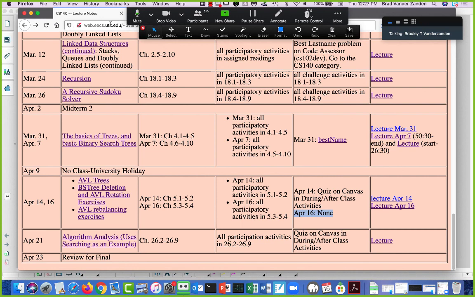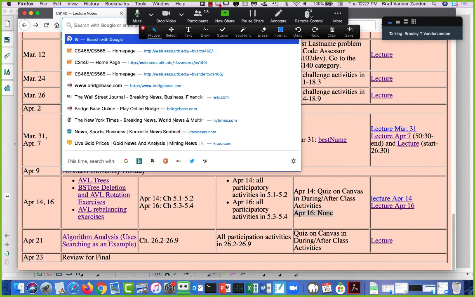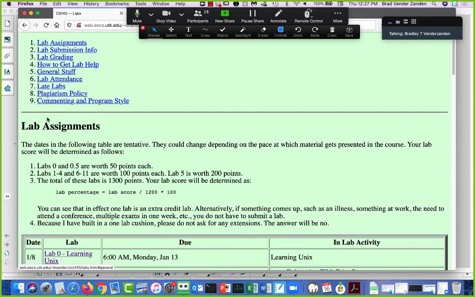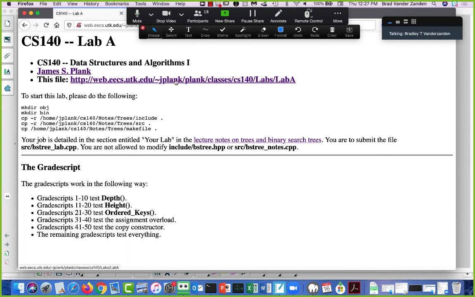Now, I had one question about where you find the grade scripts for Lab 10. So I'm going to go back to the labs. And the grade scripts are in Dr. Planck's directory. The only time the grade scripts were in my directory were for Candy Crush.